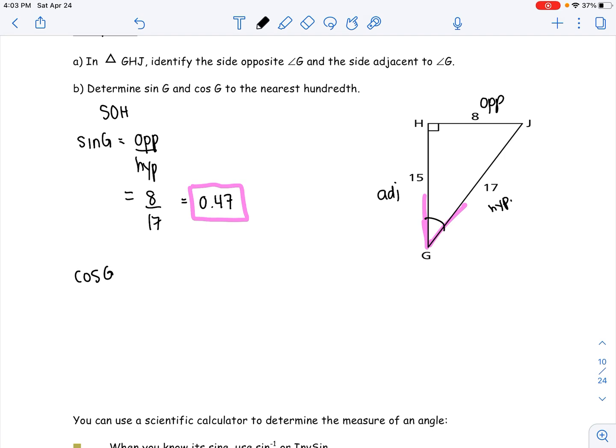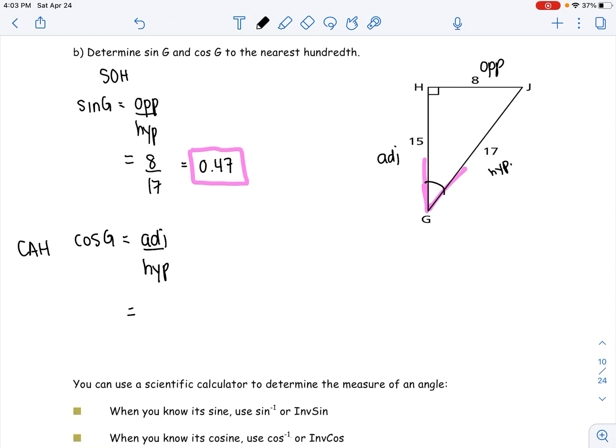And then we have cos of G. Since we're still looking from angle G, we want to keep the side lengths labeled the exact same way. But now we're going to use CAH. CAH is adjacent over your hypotenuse. Your adjacent side is 15, and your hypotenuse will be replaced with a 17.